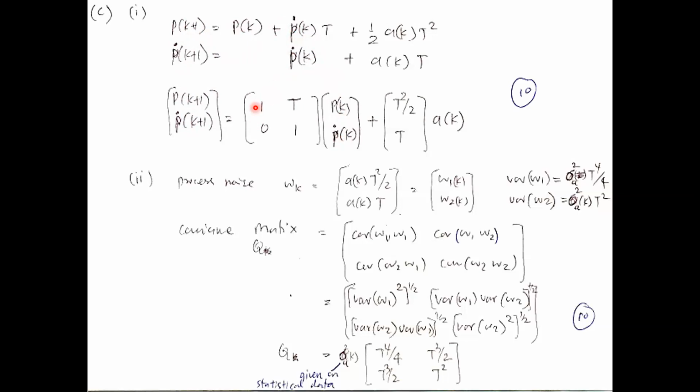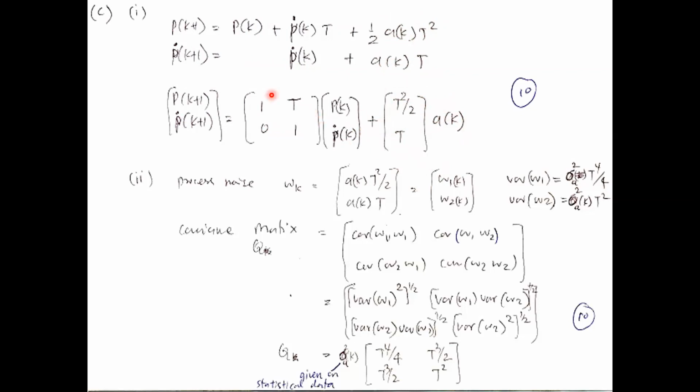Therefore, the first row is 1 and T, and for the second row, it's 0 and 1. Plus, you have this half Ak T square for the first row and just Ak T for the second row, right? So they both depend on Ak, so you get Ak out. This is the process noise.